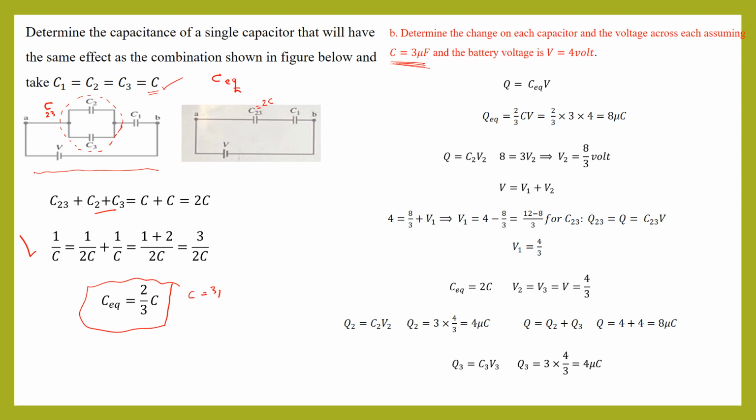Therefore, C equivalent for this question is 2 microfarad. If C equivalent is 2 microfarad and the potential is 4 volt, how much is the total charge? Okay, 2 multiplied by 4 gives you 8 microcoulomb charge existing in the circuit.